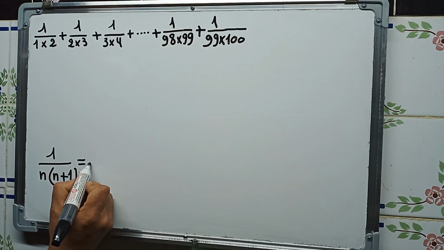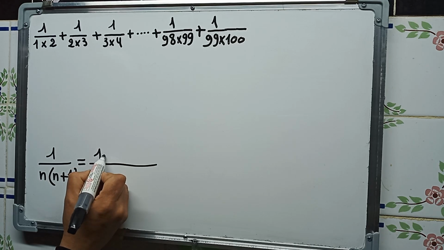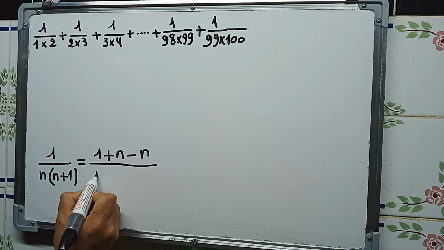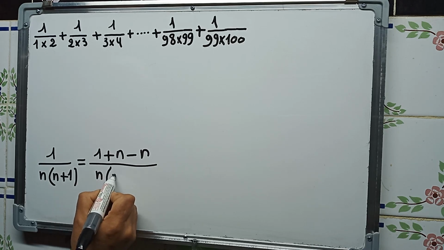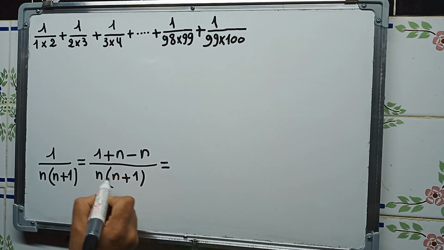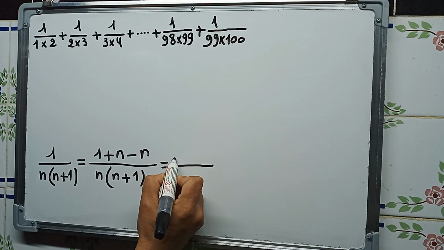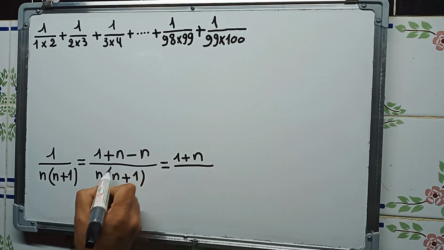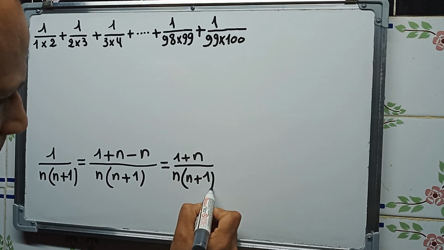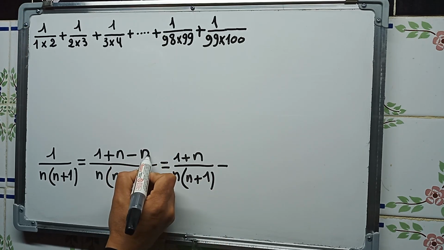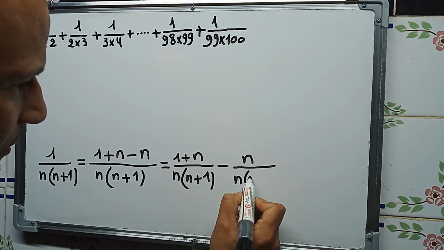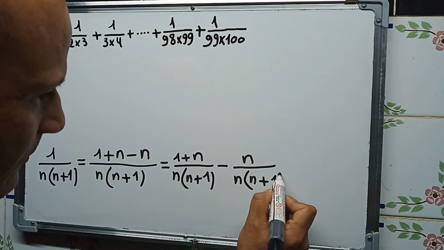So here it's equal to 1 plus n minus n over n times n plus 1, which is of course equal to, here we will separate, 1 plus n over n times n plus 1 minus n over n times n plus 1.